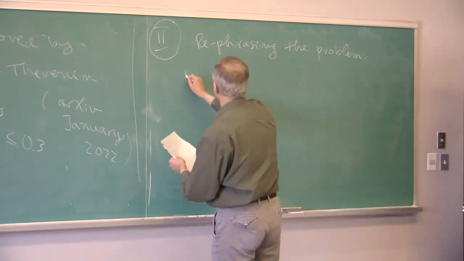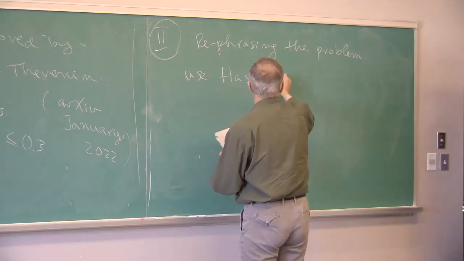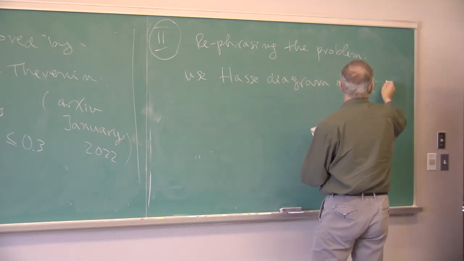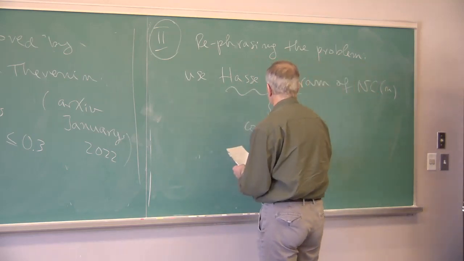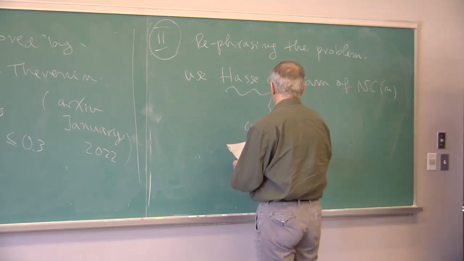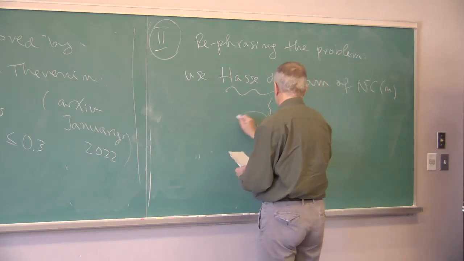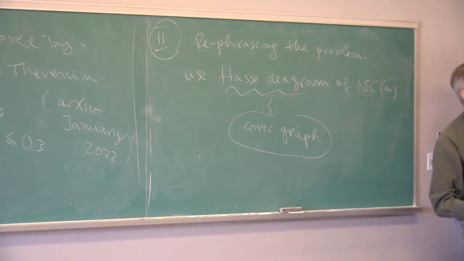This is by using the Hasse diagram of NC(n). The Hasse diagram is what you would naturally also call the cover graph of NC(n). I'll explain it on an example.